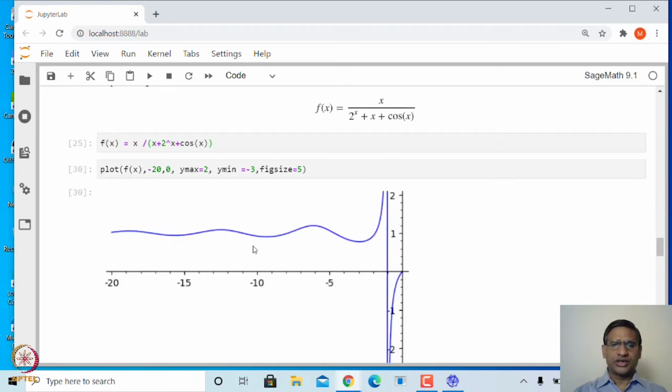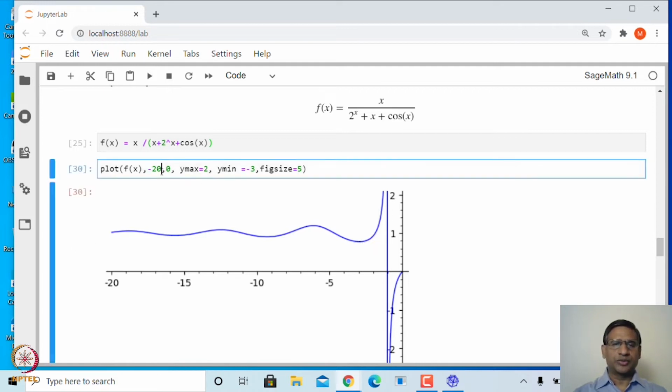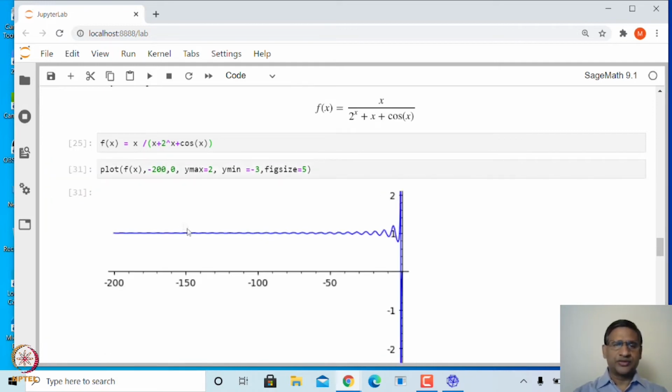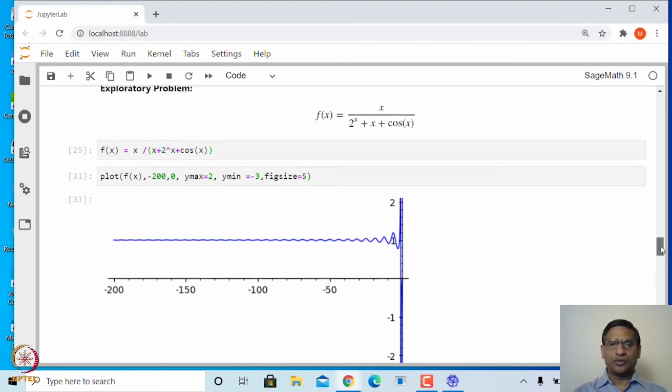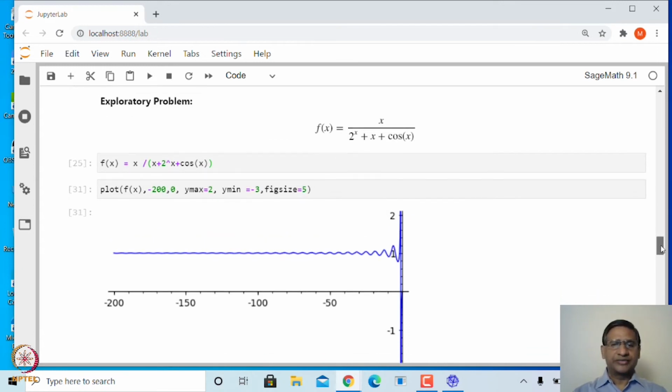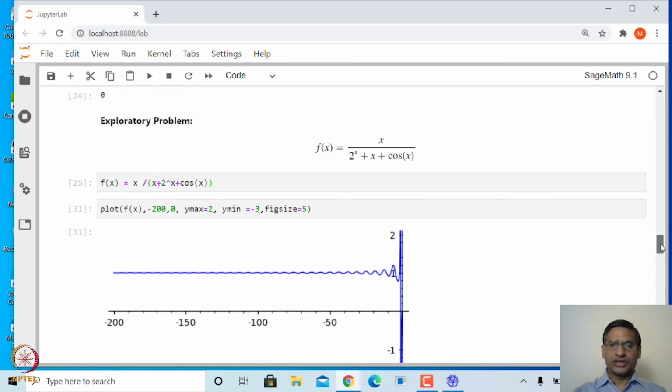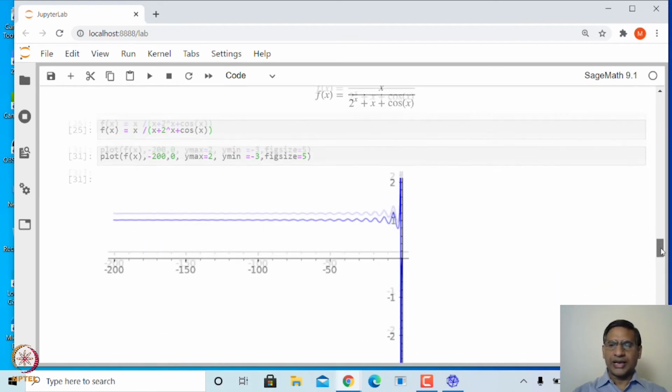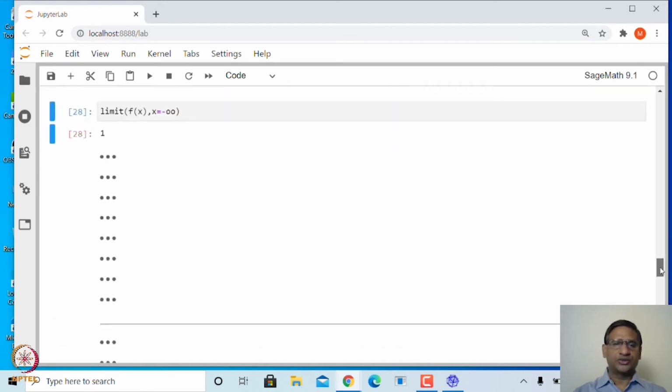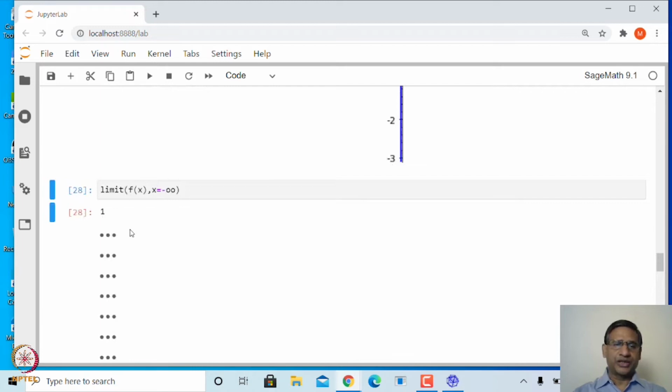As x goes to, let us say, -200, this will become very close to the line y = -1, right. So, that is what is happening. This is how you can get to know about the function behavior by plotting the graph in various domains, and then you can verify this using the inbuilt limit function, right.